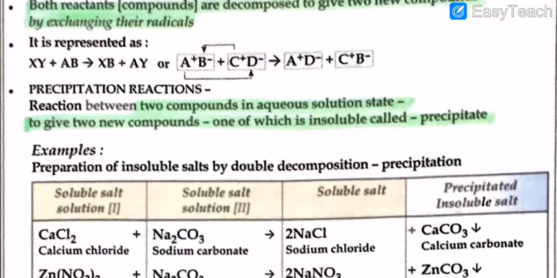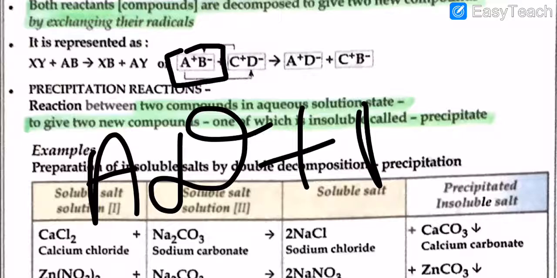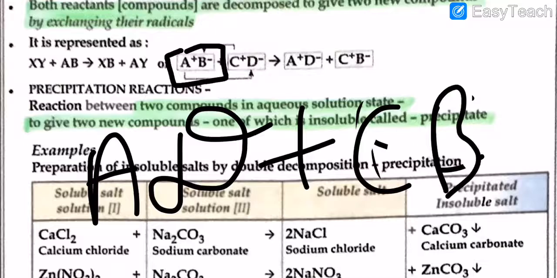So in this case, as you can see, A plus B minus plus C plus D minus. So the radicals are being exchanged and A goes to D plus B goes to C. Positive will always come first, so C goes to B. So it will be CB. So AD plus CB.